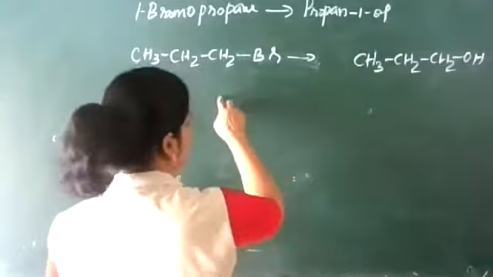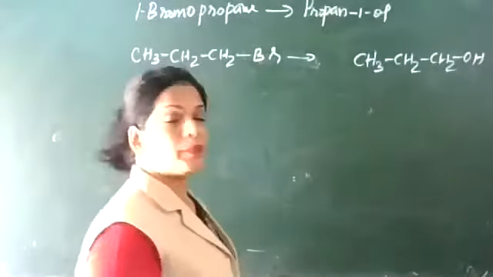And you have to convert 1-bromopropane to propan-1-ol, CH3, CH2, CH2, OH.